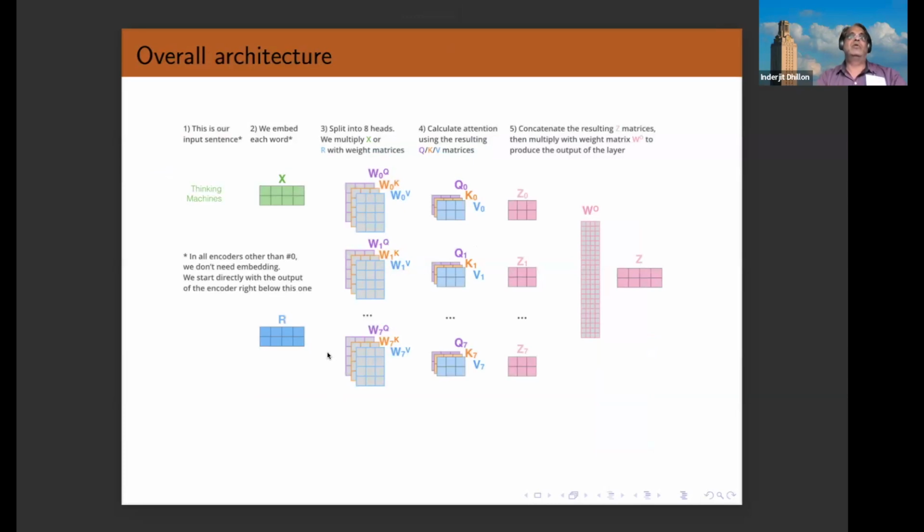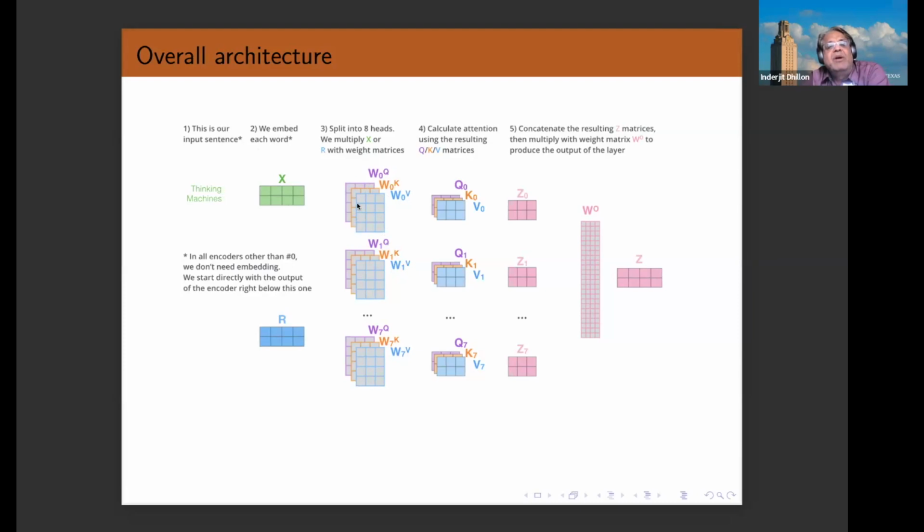So this is the overall self-attention part of the architecture. Thinking machines is our input sentence. We embed each word, in this case, as 4 dimensions. If you have 8 heads, you have 3 matrices for each head. So there's W0Q, W1Q, through W7Q. There are 8 query matrices, 8 key matrices, 8 value matrices.